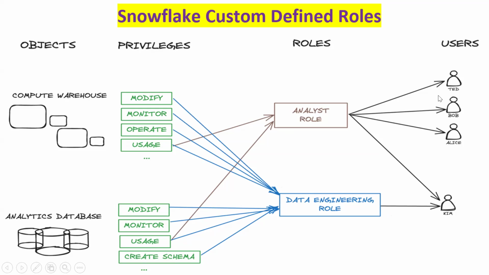These people also are not directly getting the warehouse usage access. They are able to access this warehouse through the analyst role. If I revoke this analyst role, they will lose both these privileges. If I revoke this data engineering role from Kim, he will lose everything, whatever you see in these blue lines. Hope that is clear.